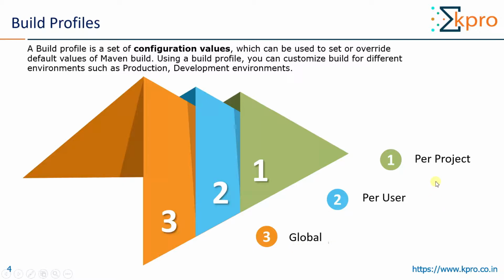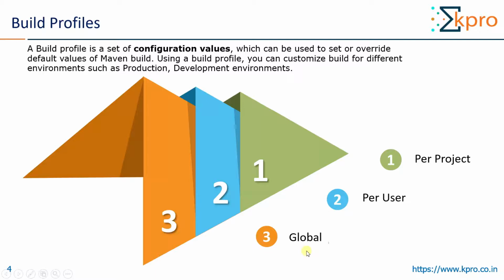Per project level means when the build is created, if the profile values are applied on that build, that is nothing but per project level. In per user level, the settings.xml file is modified and kept in user's home directory, and only that particular user's build will get affected with these values.